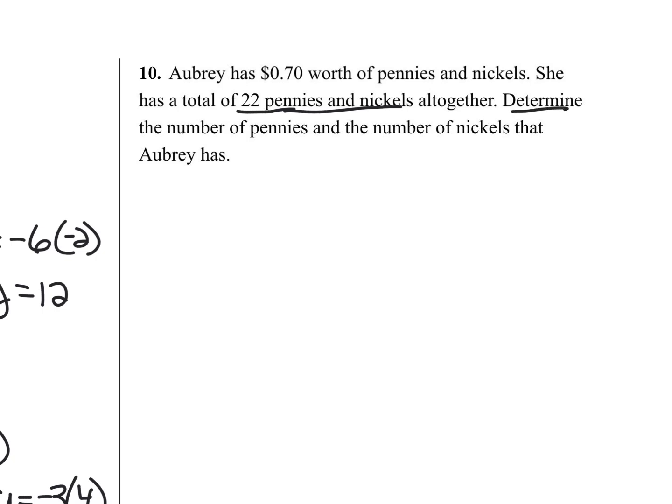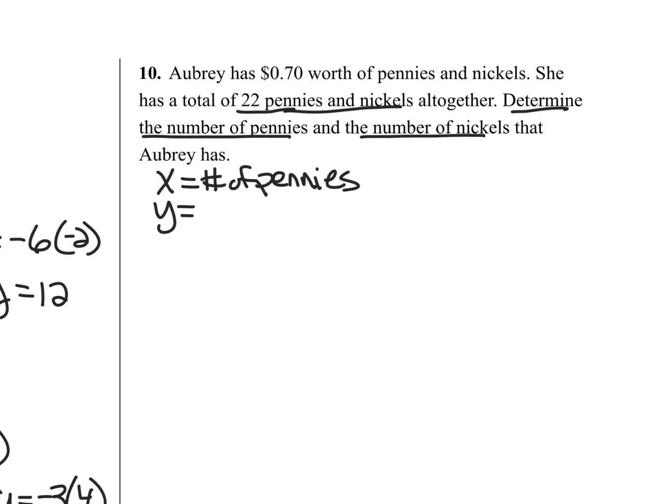And we can see that last sentence is determine the number of pennies and the number of nickels. That's your variables, y'all. So we're going to let x equal the number of pennies. Okay, this is what we're trying to find, our unknown. And y is your number of nickels.